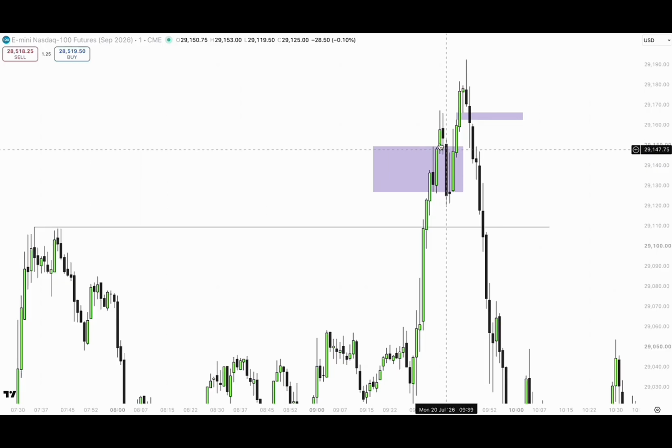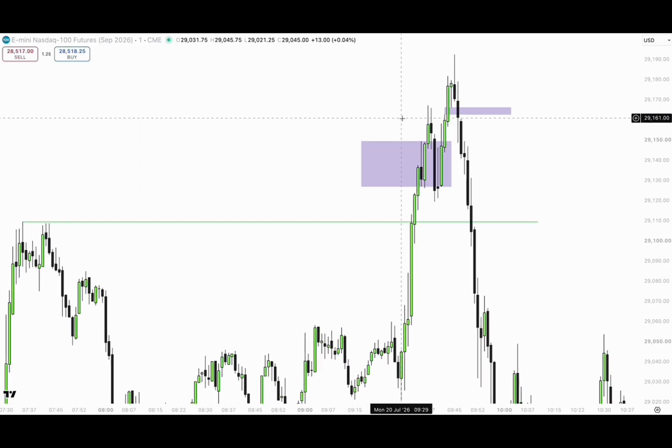But this wasn't the final market structure shift to the downside because we haven't had the right timing yet. The price level got confirmed, but the aspect of the timing wasn't there yet.